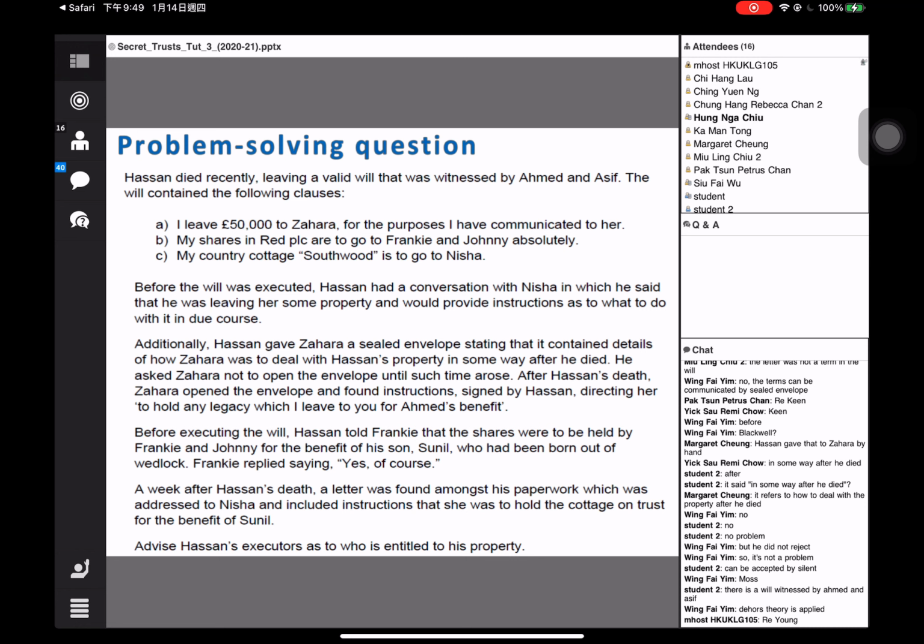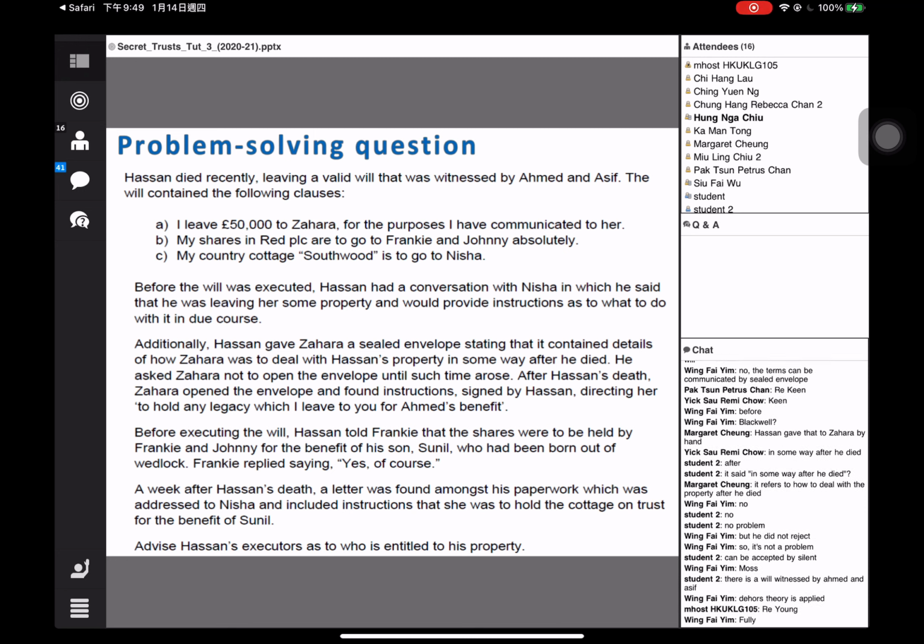All right. What about B? What about clause B? What type of trust, secret trust, is this in clause B? Yes, a fully secret trust. And Frankie and Johnny are the secret trustees, and Sunil is the secret beneficiary. So again, go through the requirements to create a valid fully secret trust.